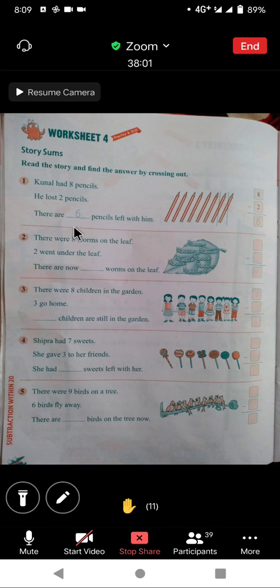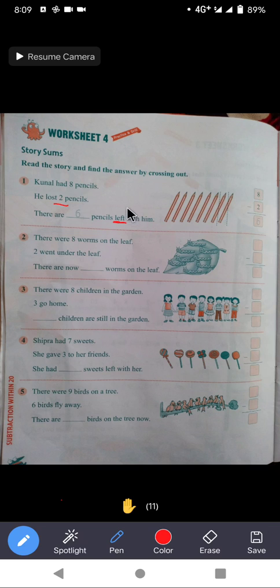He lost 2 pencils. So there are dash pencils left with him. Look here, the word left is here. We have to find out the left pencils.